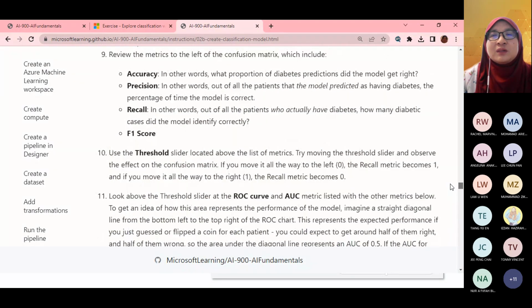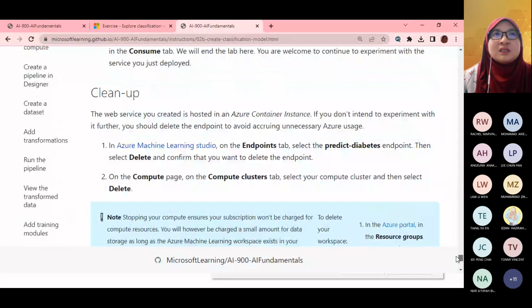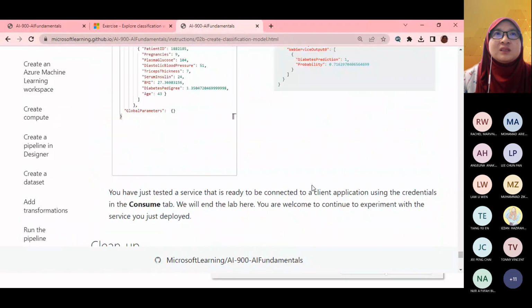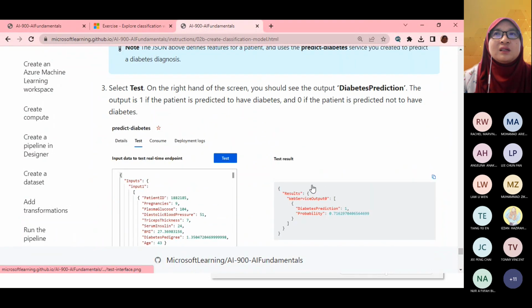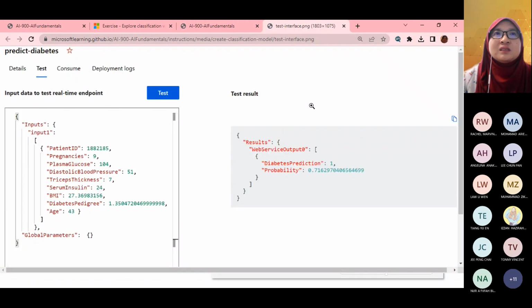You can have your friend together with you doing this until you get the result here. So the result here. Test. Okay, select test on the right hand side, so you get the prediction. So you can test. So here is the result. Okay, probability 1.